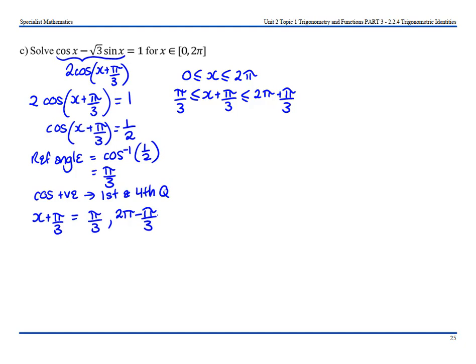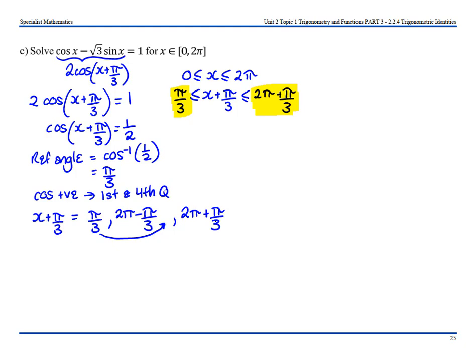Now, going back to our domain, it says that we need to start at pi on 3, which we do, so that's fine, but it has 2 pi plus pi on 3. So that means I can go around again for that pi on 3. So 2 pi plus pi on 3.